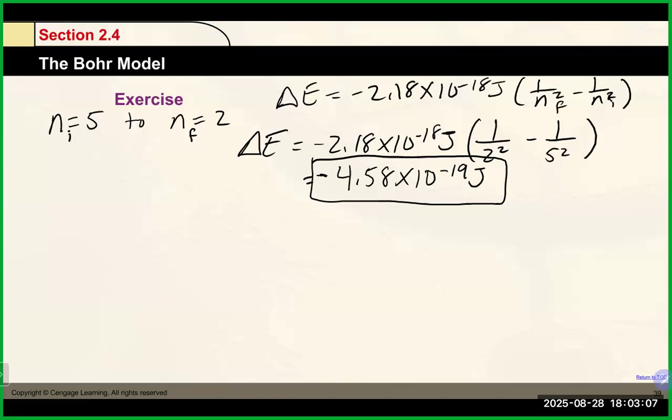Question on that one there? Yeah. I think that's fine. On my calculator, I got 4.578 times 10 to the minus 19. So I think you're fine. So you got 4.57. Yeah. I'm sorry, you got 4 point what? 4.57. That's okay. I got that on my calculator as well.